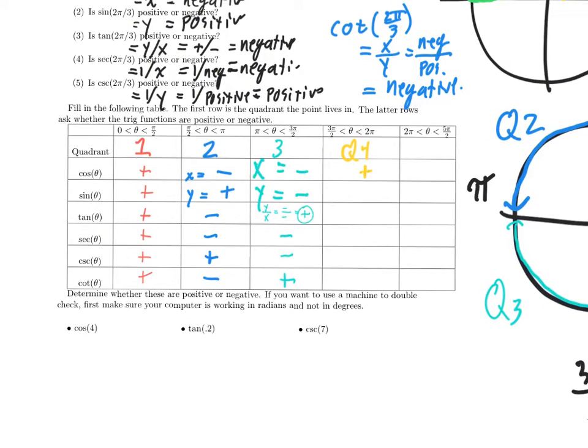So cosine is positive, y is negative. Sine is negative, because sine is y. Tangent is y over x, will be negative over positive. Secant is 1 over x, will be 1 over a positive. Cosecant is 1 over y, will be 1 over a negative. Cotangent is x over y, which is positive divided by negative, is negative.